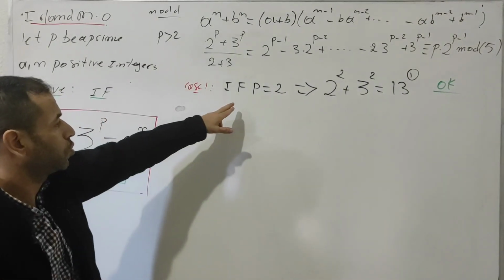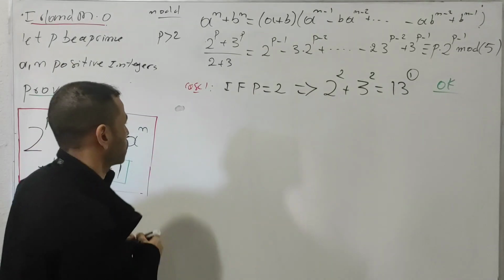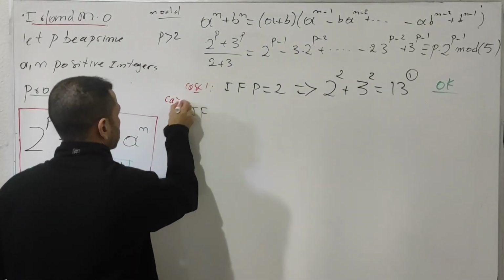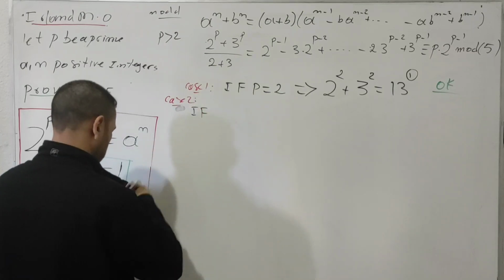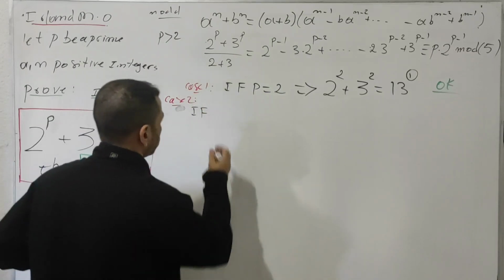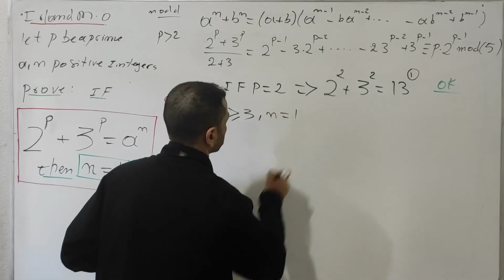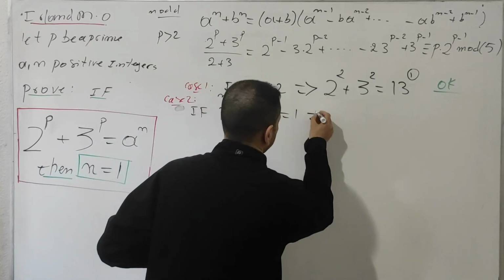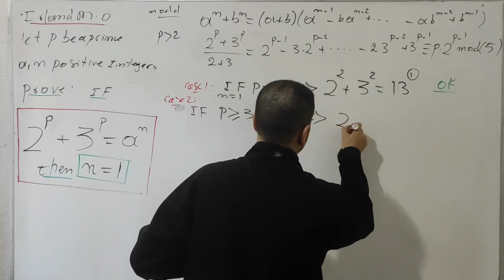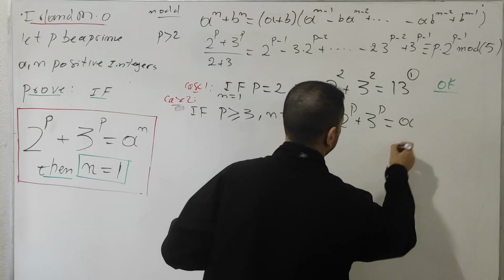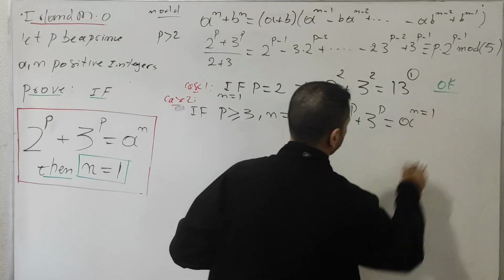Now we need to check when we have p as an odd prime. Case number 2, if p is an odd prime with n equals 1 always. So I will have this expression now. I will have 2 to the p plus 3 to the p equals a, because n is replaced with number 1 here.